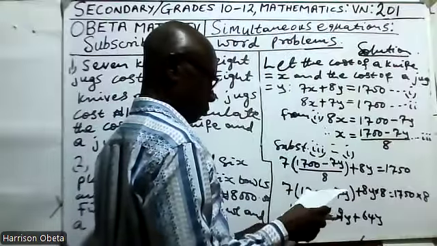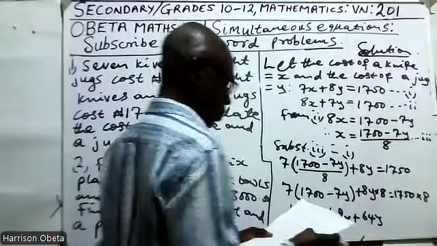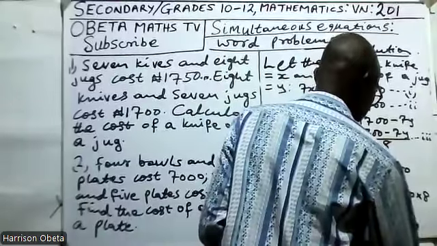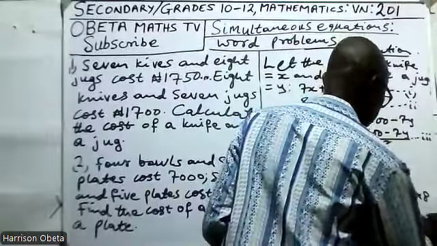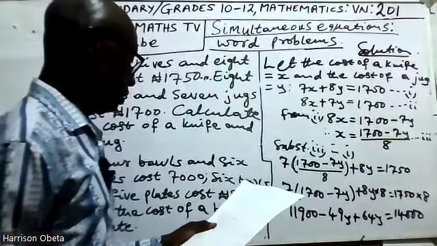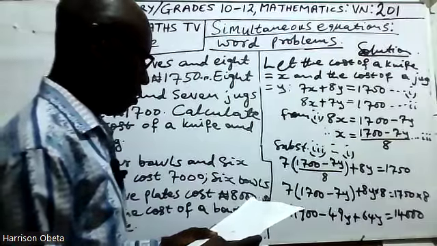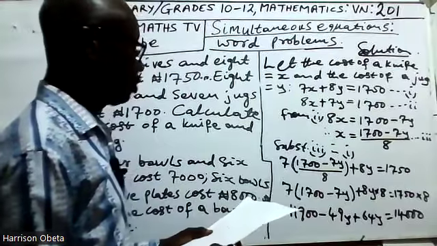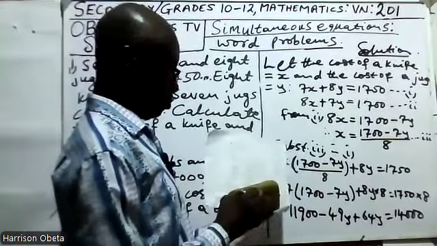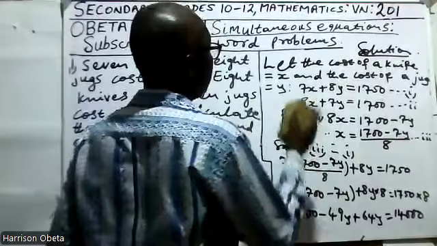Which is equal to 14,000 by the time you multiply. So we have 11900 minus 49y plus 64y equal to 14000. Now we have to continue.